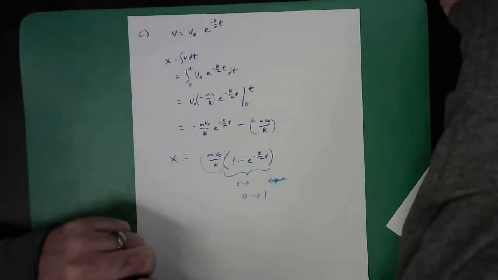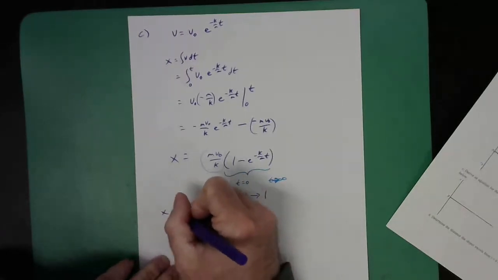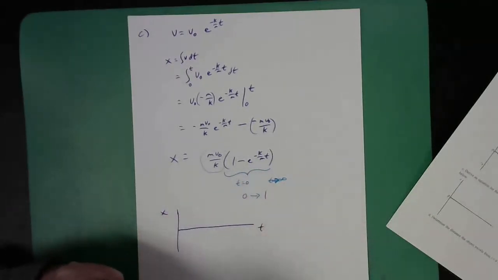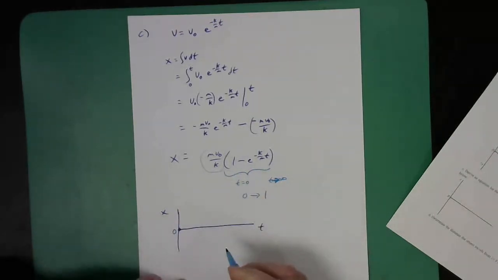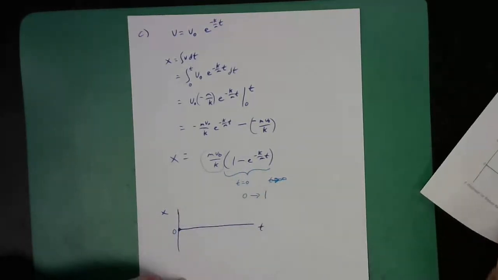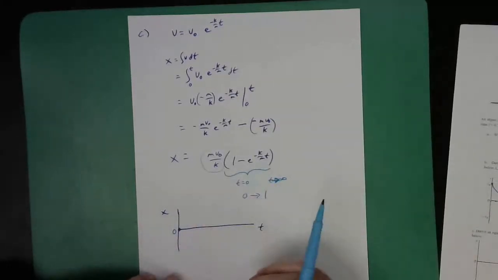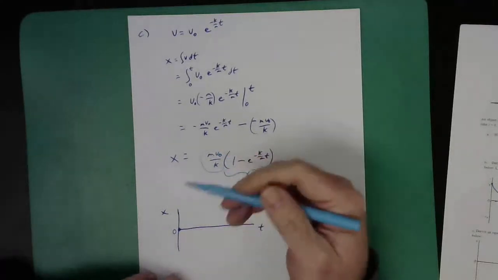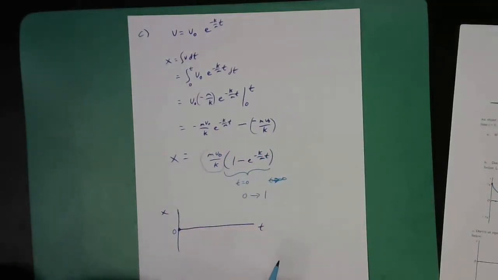Hey, can I do the graph for this? Of course we can do the graph for this: position as a function of time. We're starting at position 0, and we're going in the positive direction, to the right, so my graph has to head upward. But I'm going to be getting slower and slower, and velocity is the slope of a position-time graph.